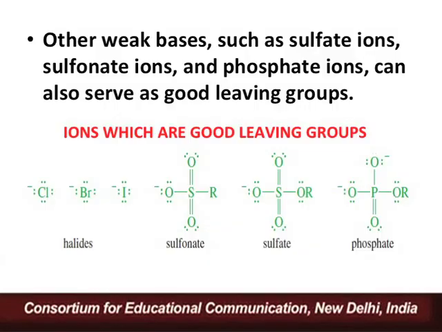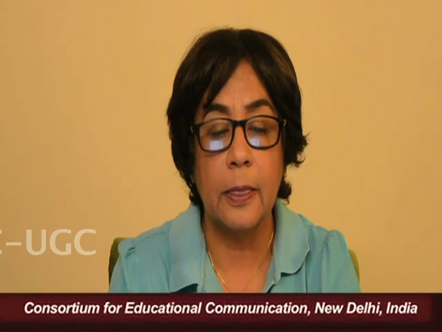Other weak bases which can also act as good leaving groups are sulfonate ions, sulfate ions and phosphate ions, since they are also conjugate bases of strong acids, that is sulfonic acid, sulfuric acid and phosphoric acid.